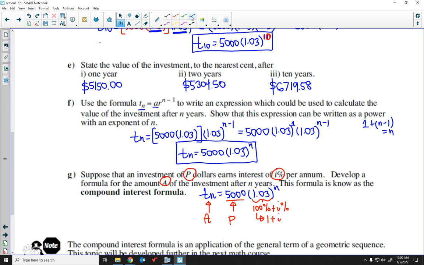So if I do a complete substitution of the equation, you get the compound interest formula, which tells you that the value of your investment is equal to the starting value multiplied by the value of the common ratio, which is 1 plus I, and then all to the power of n.